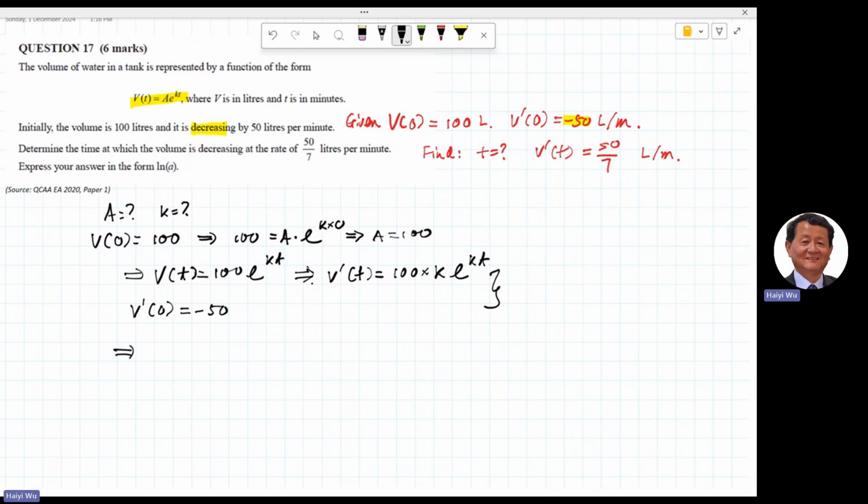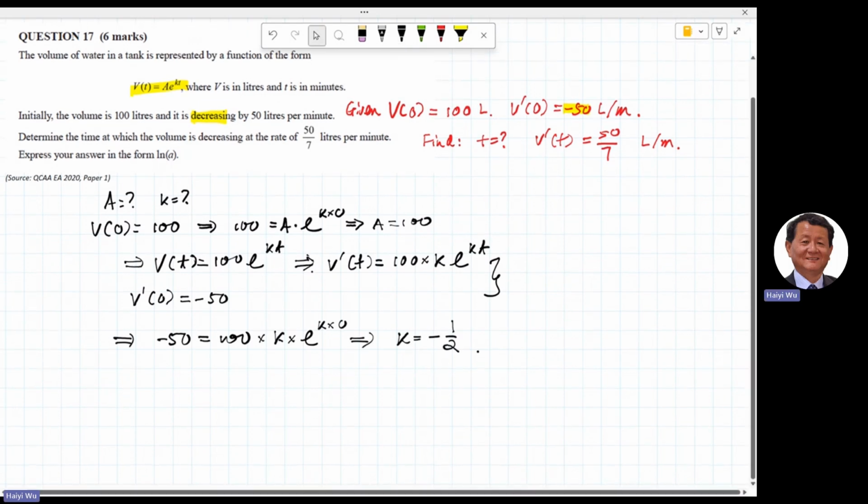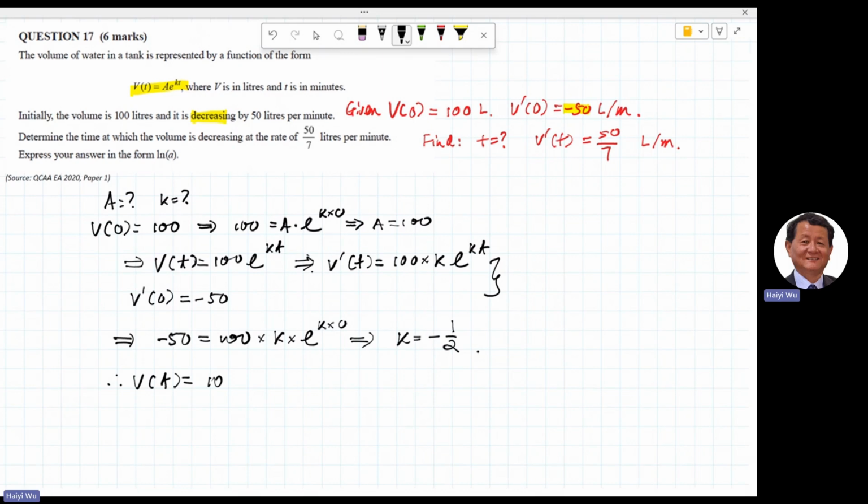Let's substitute negative 50 on the left-hand side, equal to 100 K times e to the power of K times 0. That gives us K is negative half. So now we've got the full version of the volume: V equals 100 times e to the power of negative half t. That's my volume formula.